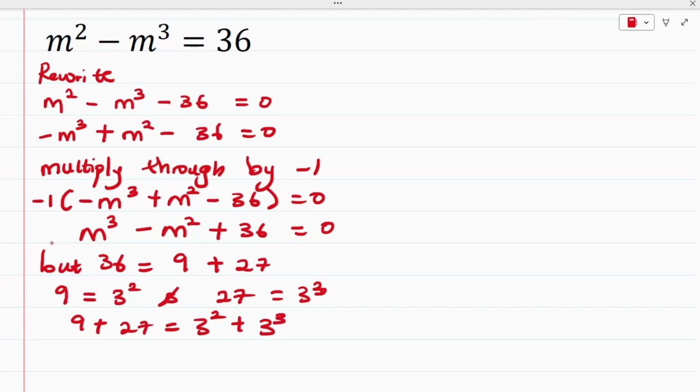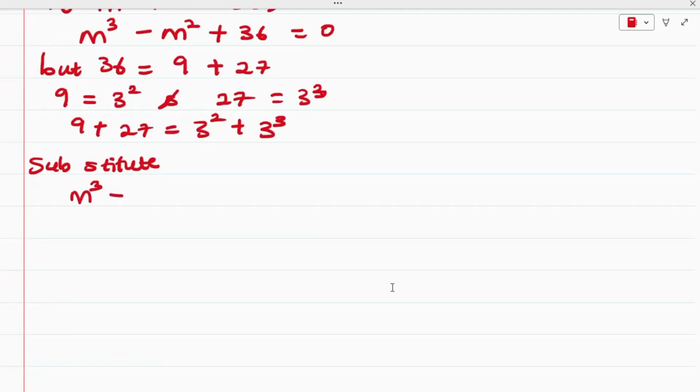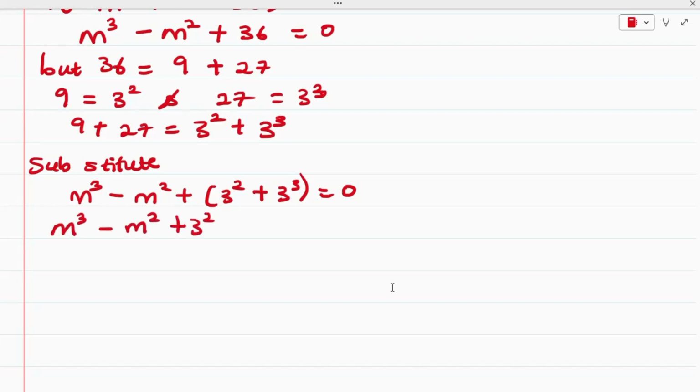So substituting this into the equation, we are going to have m cubed minus m squared plus 3 squared plus 3 cubed, and this is all equals to 0.